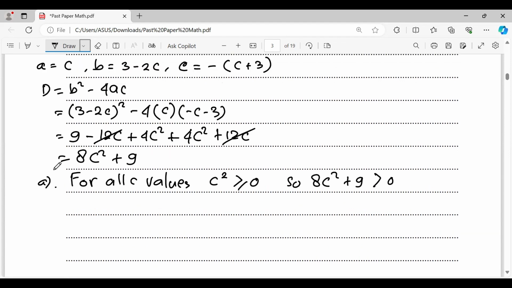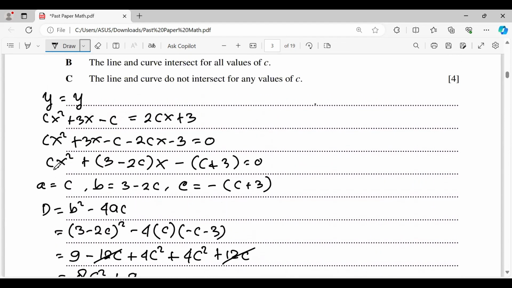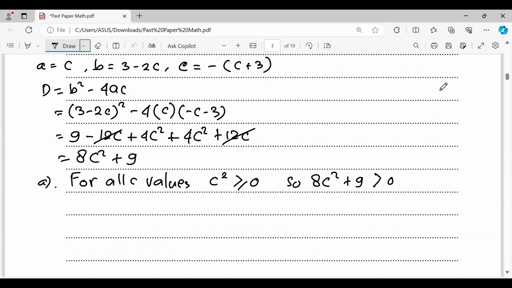If d is greater than 0, it means, if this is the curve, the straight line will be like this, intersecting at two coordinate points.